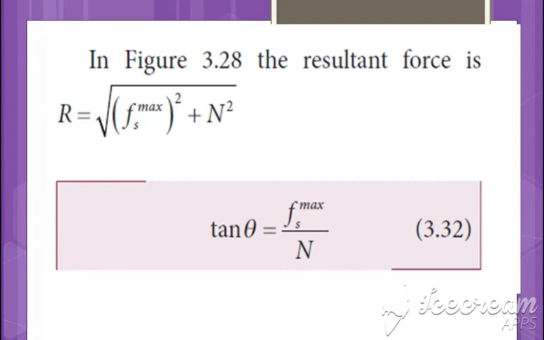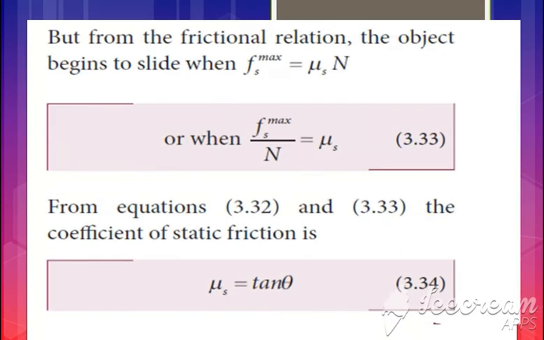Okay, now we are going to write the next one, which is given by static friction. What is the formula for static friction? We know that fs is equal to mu s into n, is it not? Now bring this n down, so we get fs divided by n, which is equal to mu s.